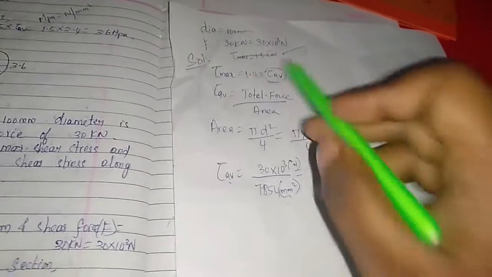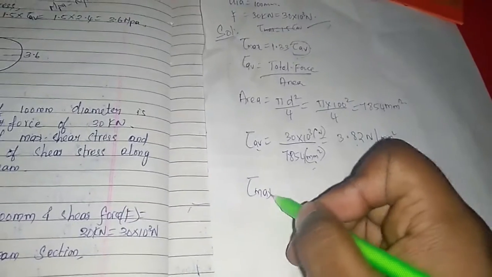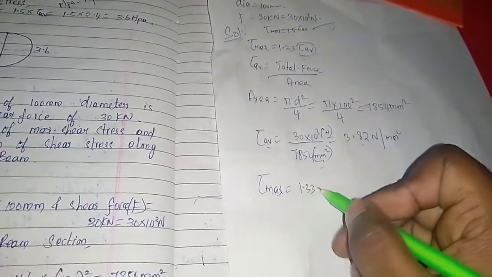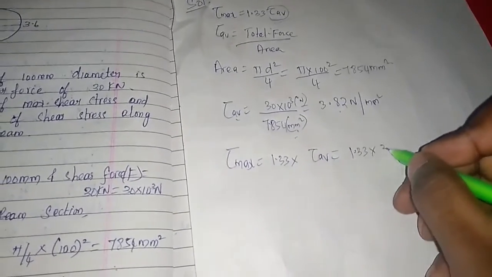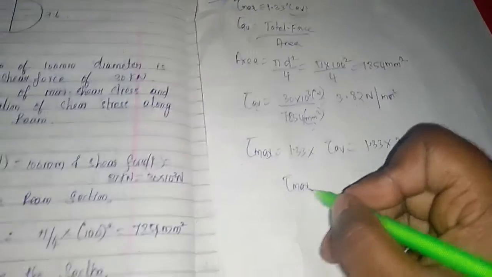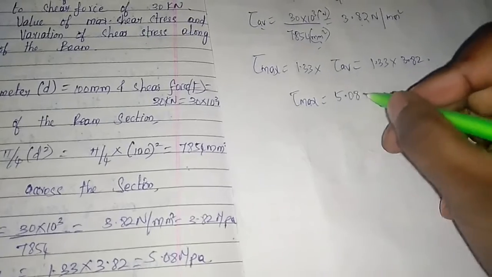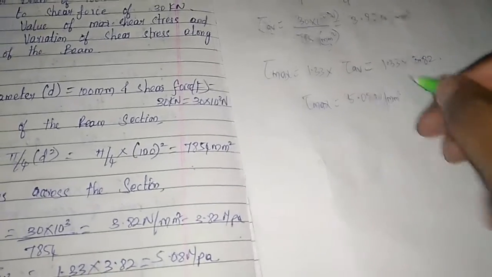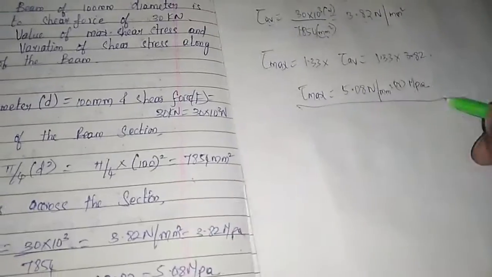Substitute in the formula for maximum shear stress, that is equal to 1.33 into tau AB, that is 1.33 into 3.82. So your maximum shear stress is equal to 5.08 Newton per mm square or MPa. Okay, now you have got the maximum shear stress.